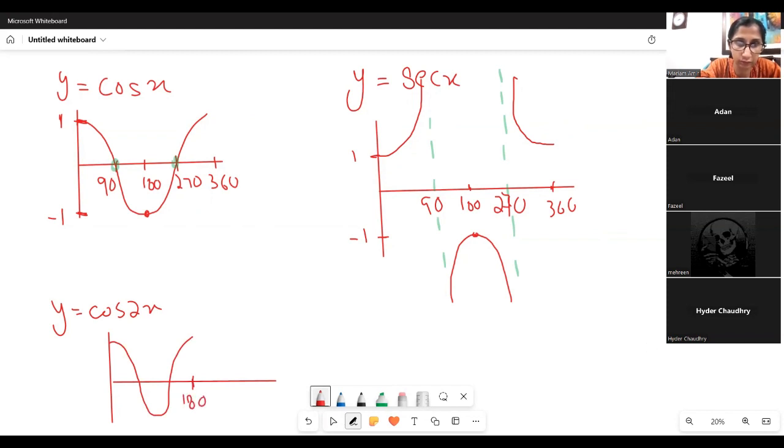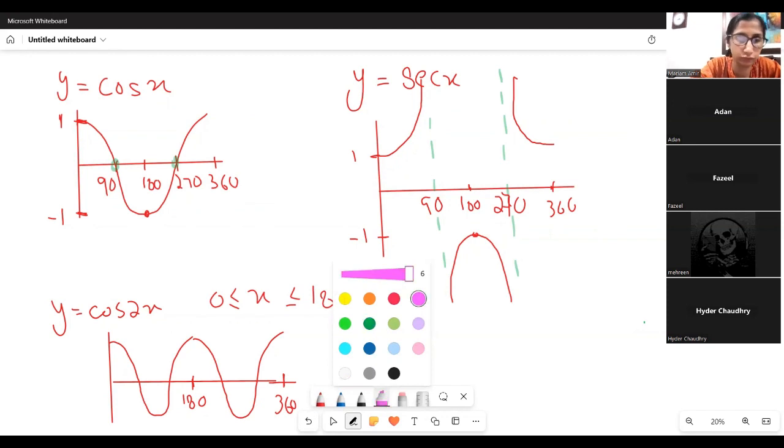And next cycle will be between 180 to 360 degrees. The question will ask you to draw the graph within a limited domain, maybe between 0 to 90, maybe between 0 to 180. So I'm going to ask you to limit the domain from 0 to 180. So you will only be plotting this part of the graph, from here to here.